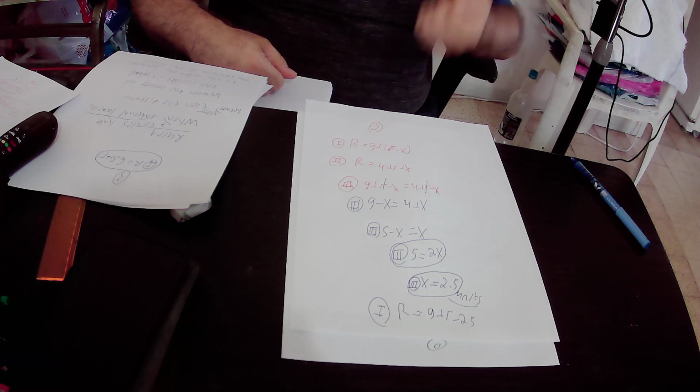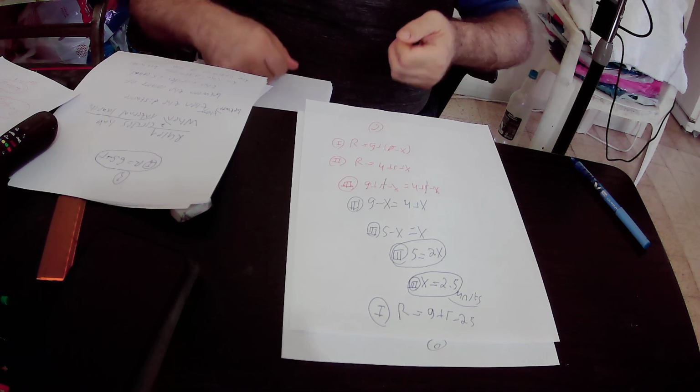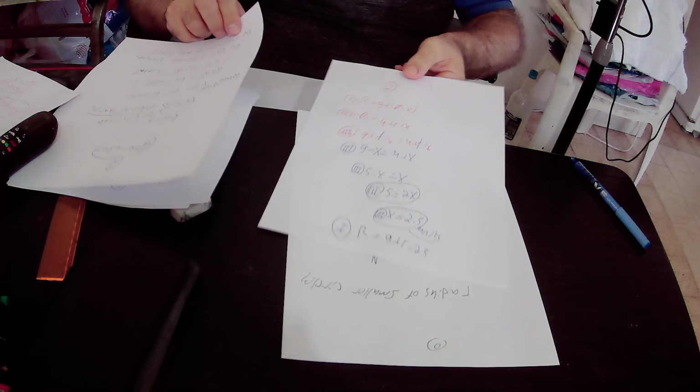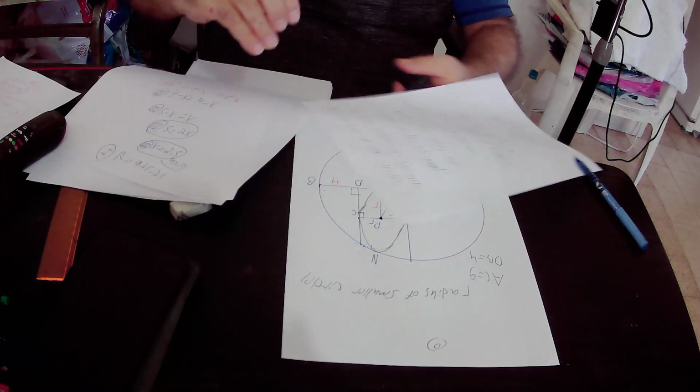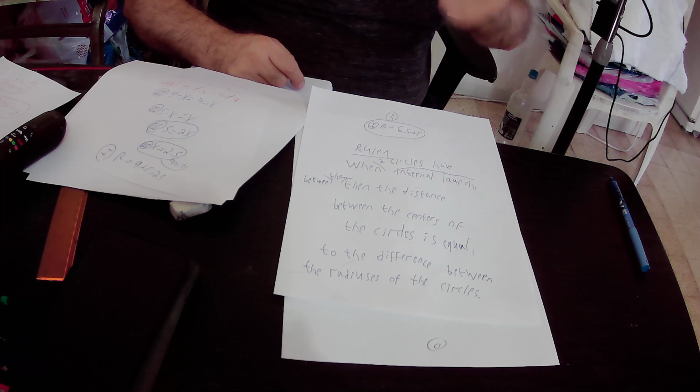That is to say, R equals 6.5 units plus small r. Okay, so we got that R, capital R, equals 6.5 plus small r.